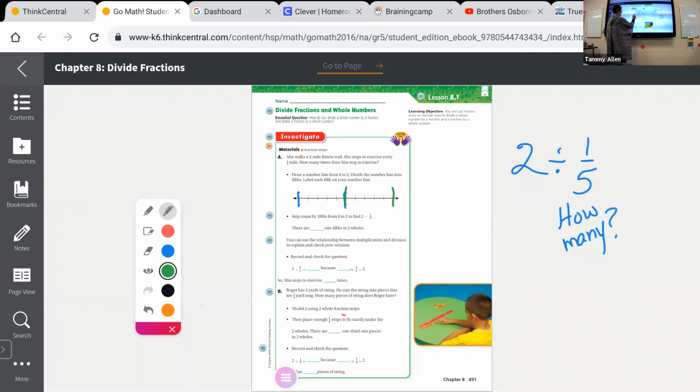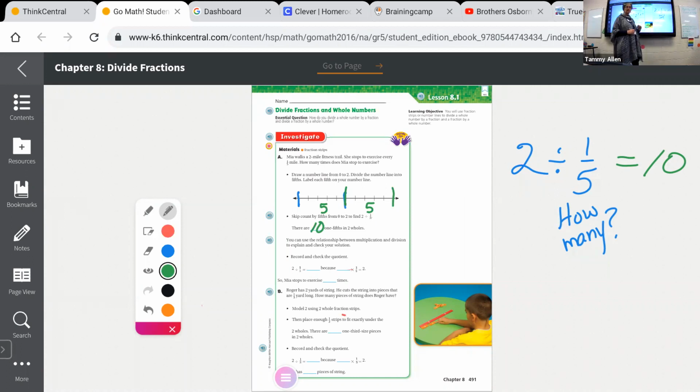And we can see that there are 1, 2, 3, 4, 5 fifths there, and there are 5 fifths there, for a total of 10 fifths. Do we understand that? Okay? So there are 10 1/5 in 2 whole amounts. Does that make sense? So 2 divided by 1/5 equals 10. How many 1/5 are in 2? There are 10.